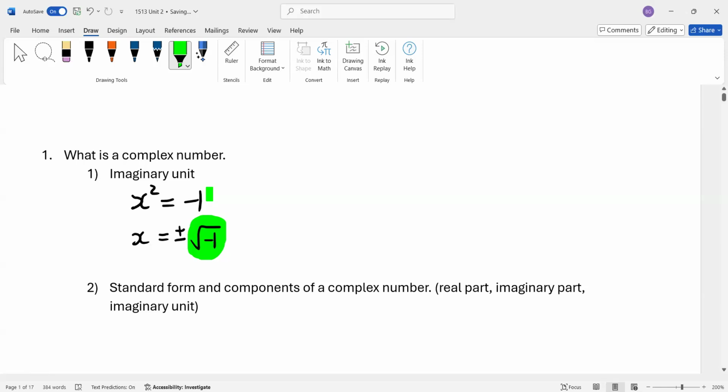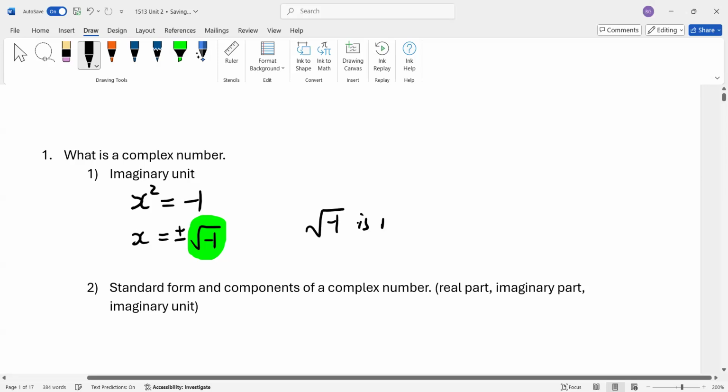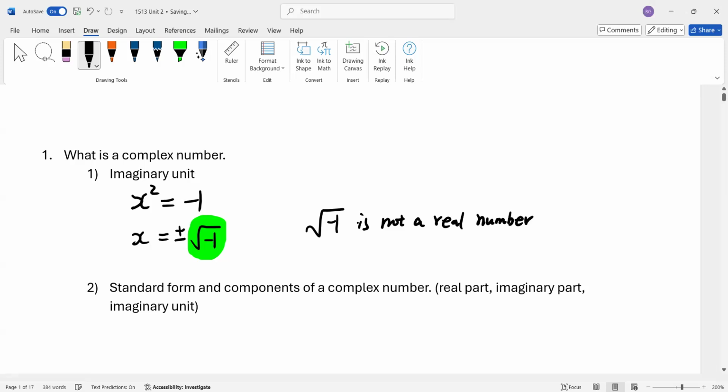Unless you have learned complex number in foundation 2, in real number set, square root of 91 does not exist, right? In other words, square root of 91 is not a real number, because in real number set, the radicand under a square root has to be non-negative.